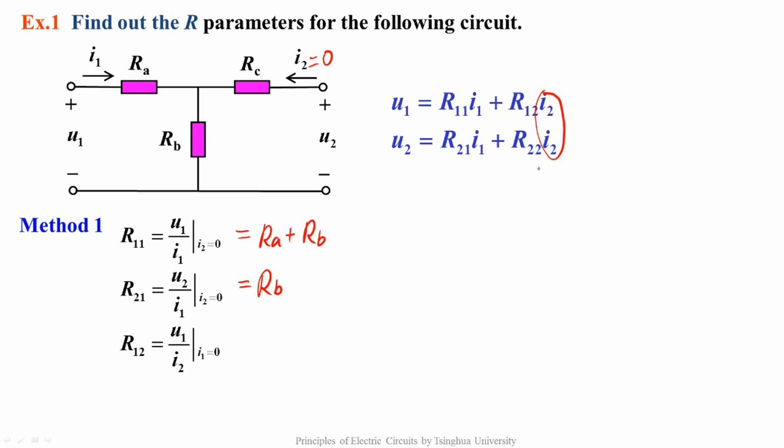Letting I1 be 0, that is, port 1 is open, to find R12 and R22. R12 equals U1 over I2. I1 equals 0 now, so the current through RB is I2. Thus, U1 over I2 equals RB.